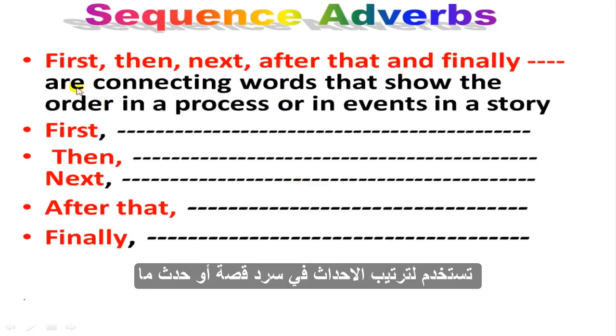They are connecting words that show the order of events in a process or in a story. If I tell a story, I say first, then, next, after that, finally. Or if I talk about a process in anything, I can say first, then, next, after that, finally.